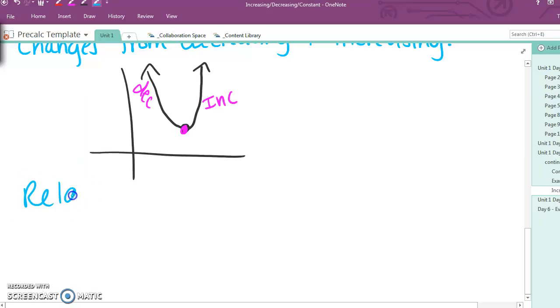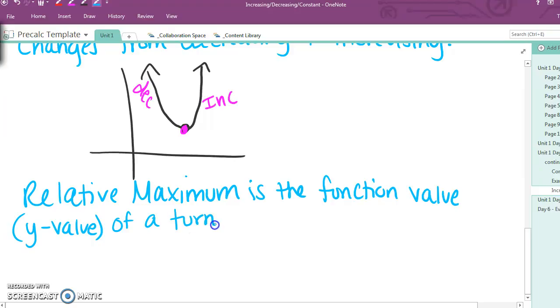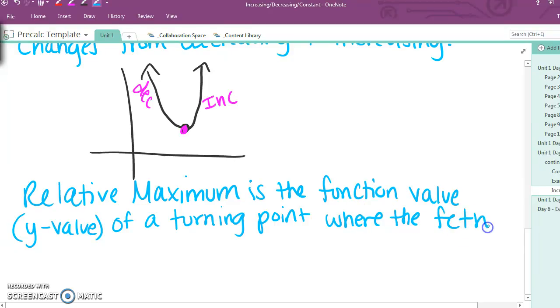And then the opposite of that, if we have the relative maximum, it is the function value, or again, the y value of a turning point where the function changes, abbreviate function there, where the function changes from increasing to decreasing.